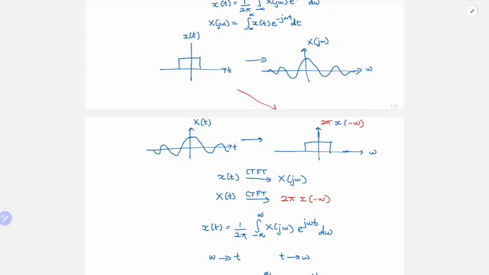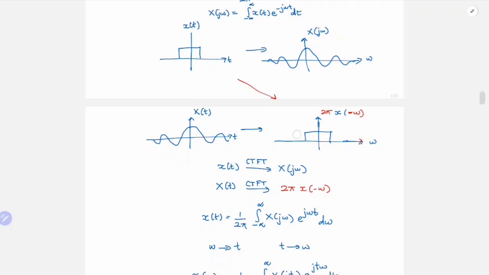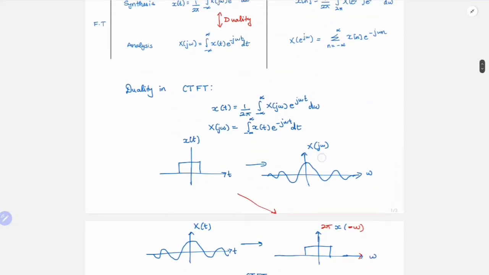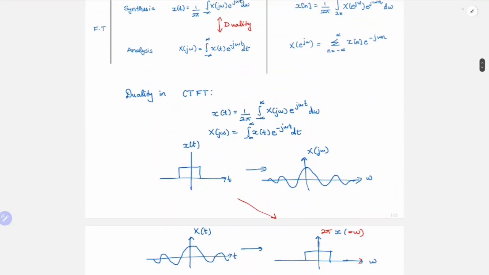Earlier I had written it as t, which was wrong because my variable here becomes omega. So we have a constant factor multiplying x of t, and also the variable is reversed. Since this square pulse was an even function, we did not notice that reversal. Okay. So this is duality in continuous time Fourier transform.